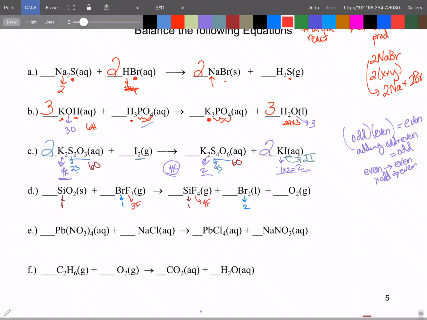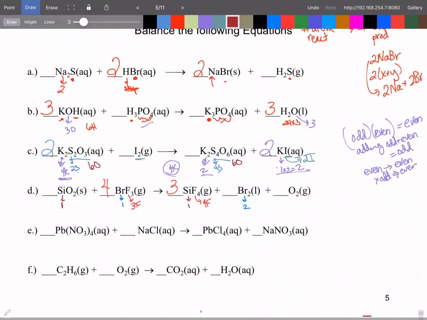The smallest number that 3 and 4 can go into is 12. So let's even that out. So that means this gets multiplied by 4 and this one gets multiplied by 3. So then our fluorides balance. Now we've just messed up silicon and bromine. So let's go back to silicon.